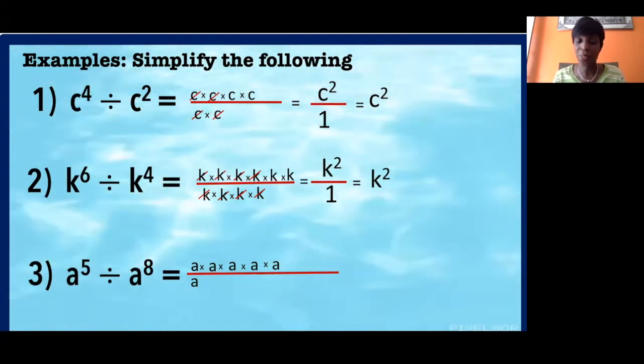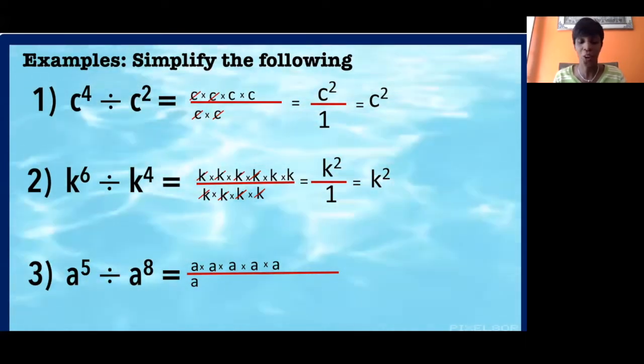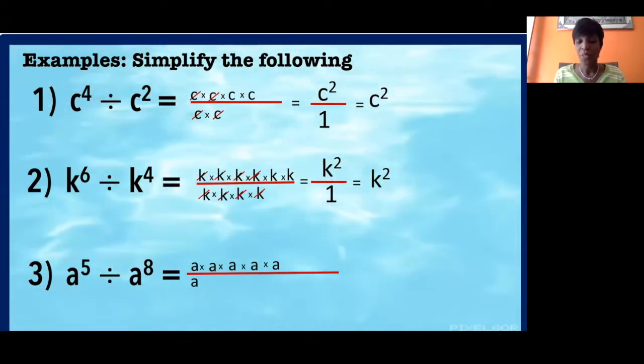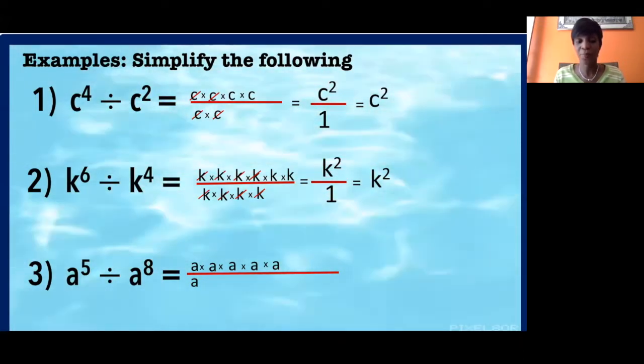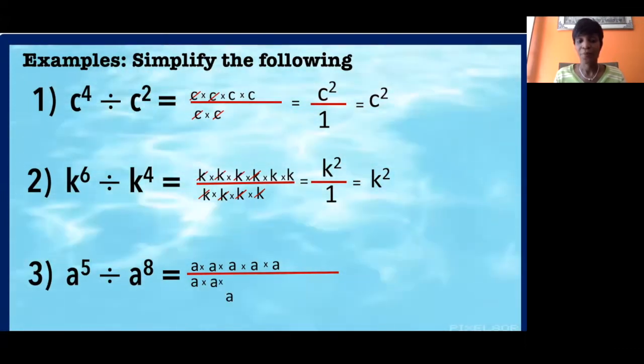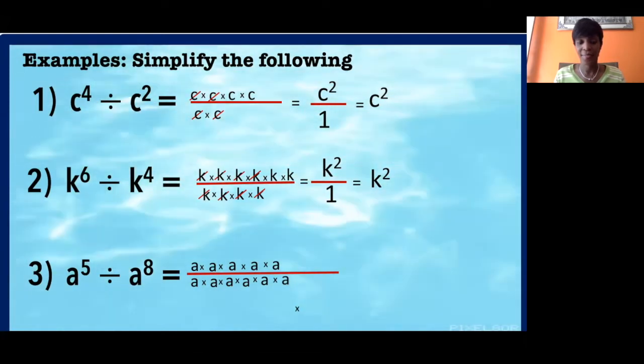So make sure to double check. I always double check to make sure I have the right amount of A's. So I see I have my 5 here at the top. Now at the bottom, how many A's should I have? I should have 8 A's. So I have 8, I already started. 1, 2, 3, 4, 5, 6, 7, 8. Let me double check.